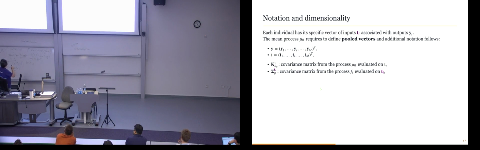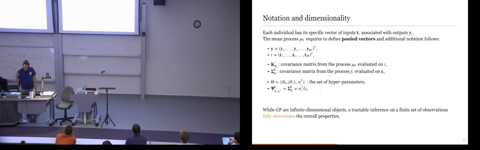And so k_theta_0, which is the covariance structure on the mean process, is evaluated on t, gray here, and all the individual covariance matrices are evaluated on t_i, which is specific to the ith task. And we need to learn omega, the big set of hyperparameters, and as before, we just sum the covariance structure with the noise.